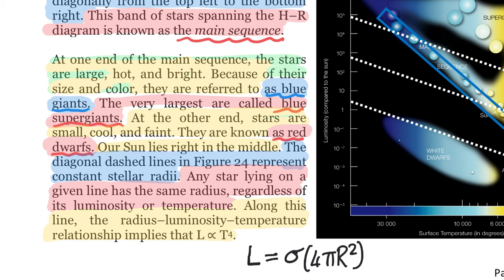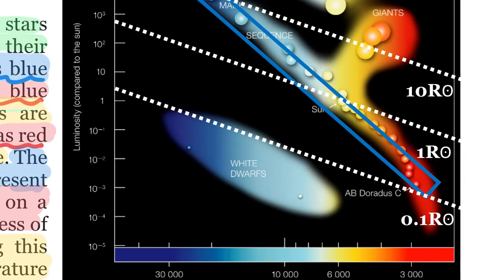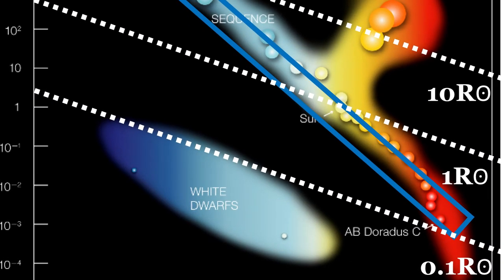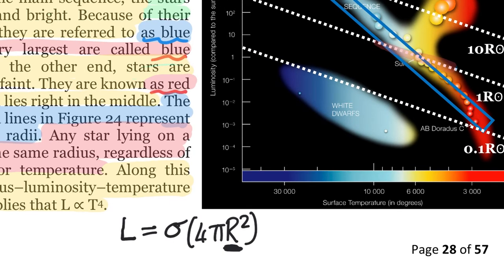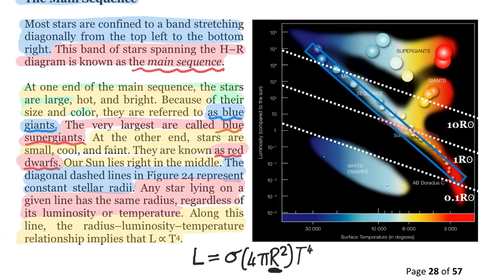So if the radii of the stars along that particular section are all the same, so let's say we were looking along here, let me use another color, along there, then all those stars' luminosities would be directly proportional to their surface temperature to the power 4.